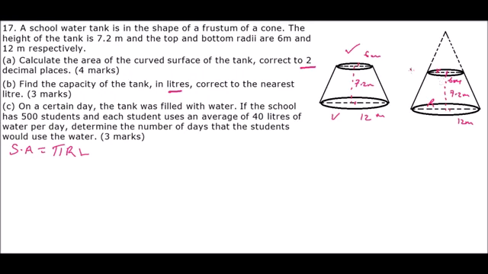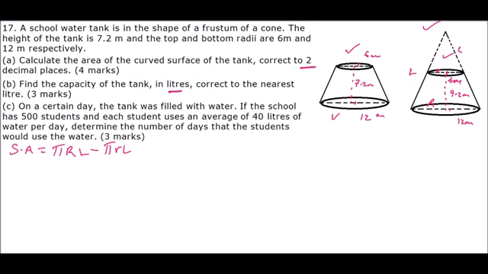Let capital L represent the slanting side of the big cone, and small l the slanting side of the small cone. So the surface area of the frustum is the surface area of the whole cone minus the surface area of the small cone. So it is pi R L minus pi r l. I hope that is very clear.